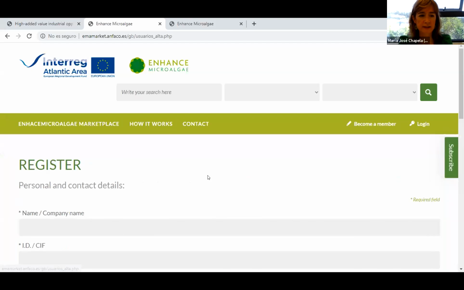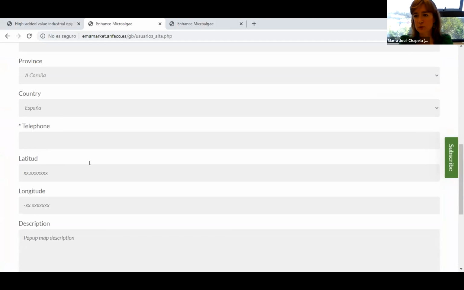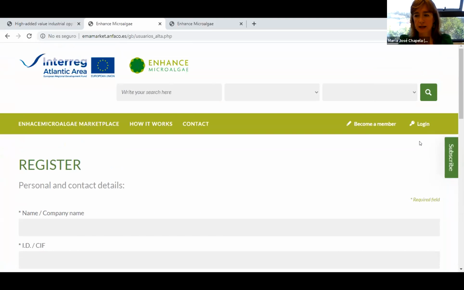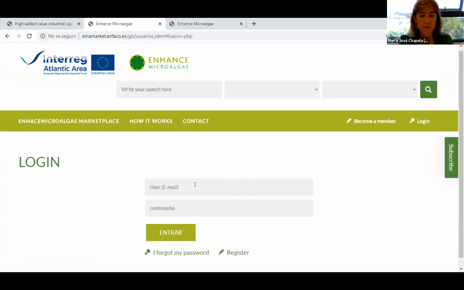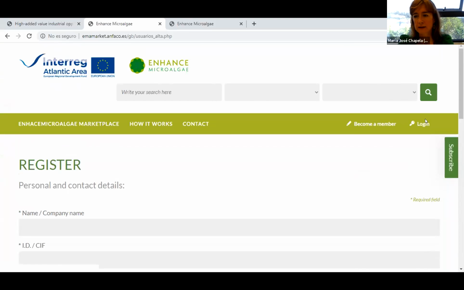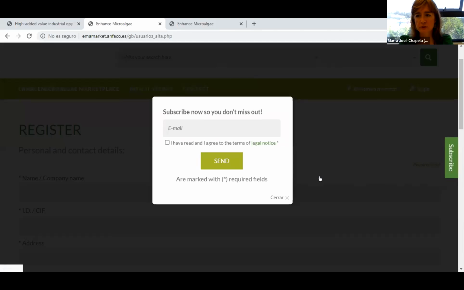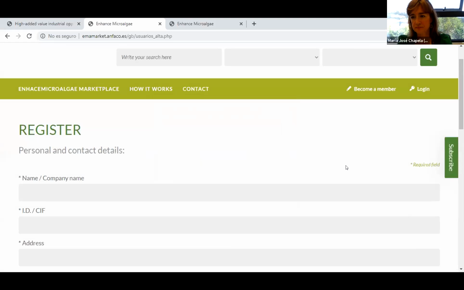You have to click here to register, send in all the information of your company or your institution, and then log in. Once you have registered, you can log in. And also the subscription, to have all the novelties of the marketplace, to receive in your mail all the new offers and requests of the marketplace.